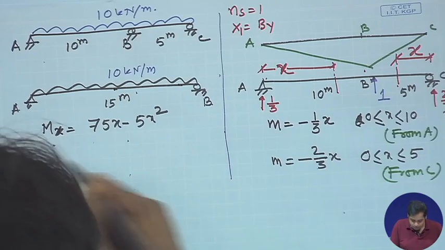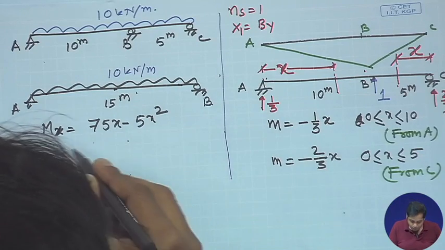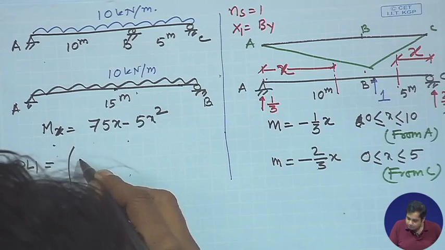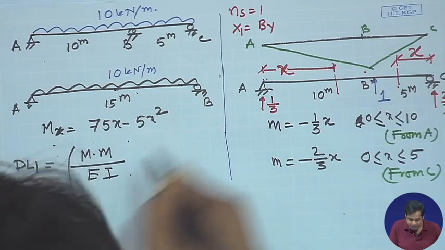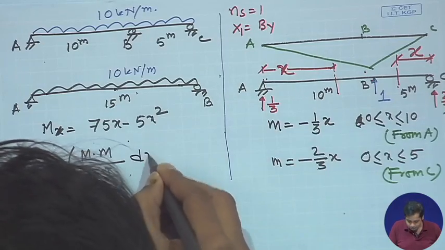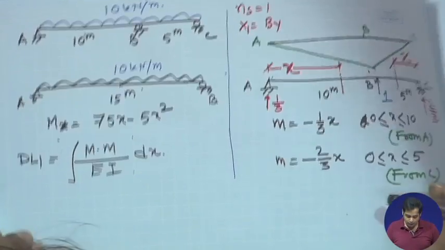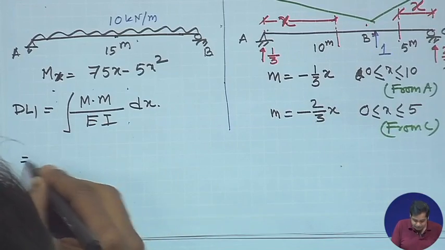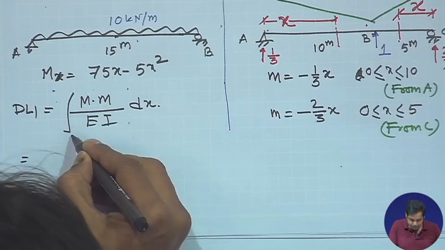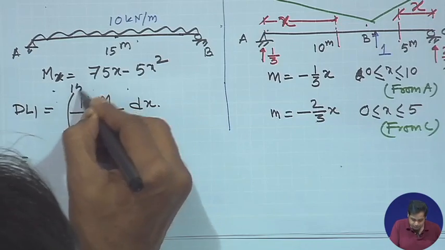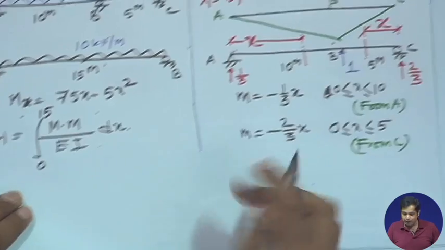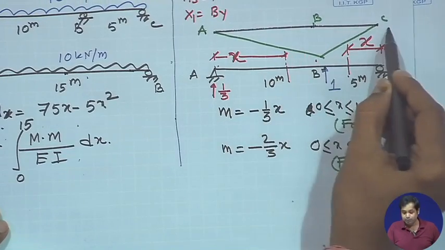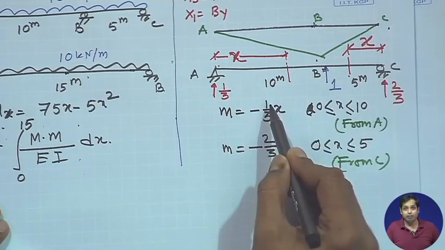Now, this is equal to, if you recall the unit load method, integral of m into small m divided by EI, EI is constant in this case, into dx, right. Now, this integration, over the entire length 0 to 15, can be divided into two parts, one between A to B and then between B to C, because the expressions for bending moment are different for different parts.